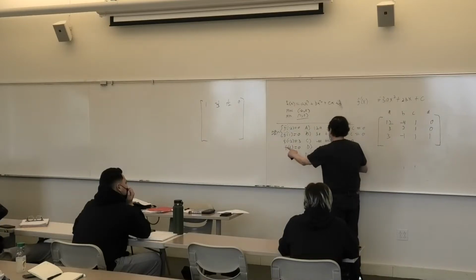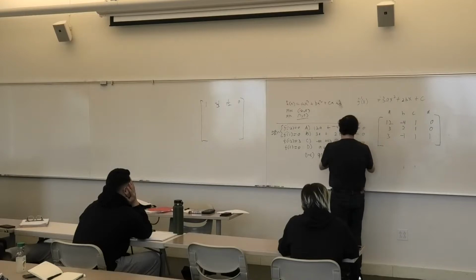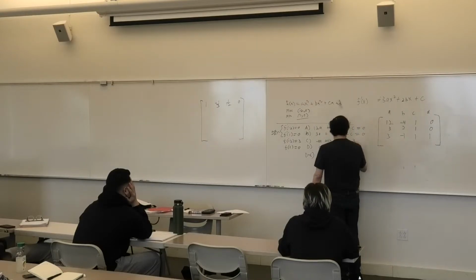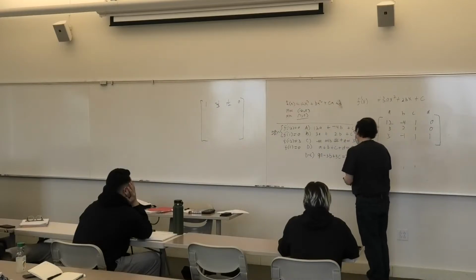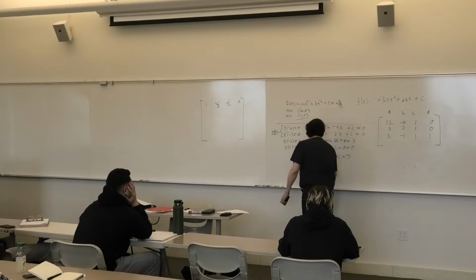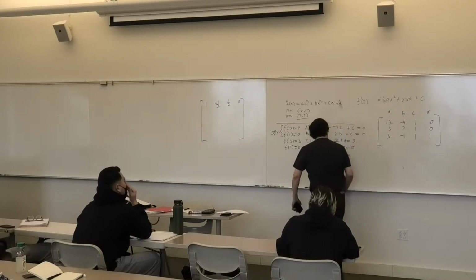And as Emily already pointed out, this is 3. Wait, yeah, 3. So minus 3. So that could be 3A minus B plus C equals minus 1.